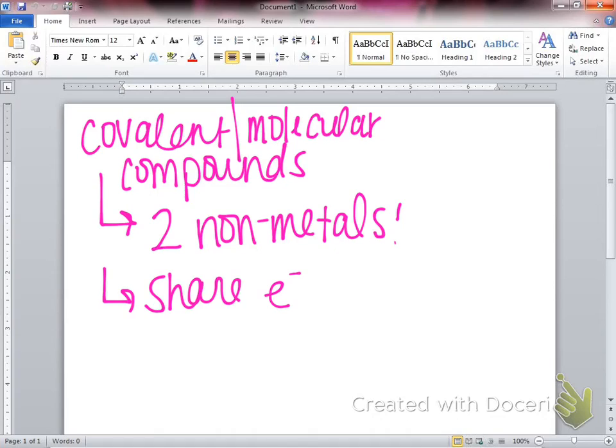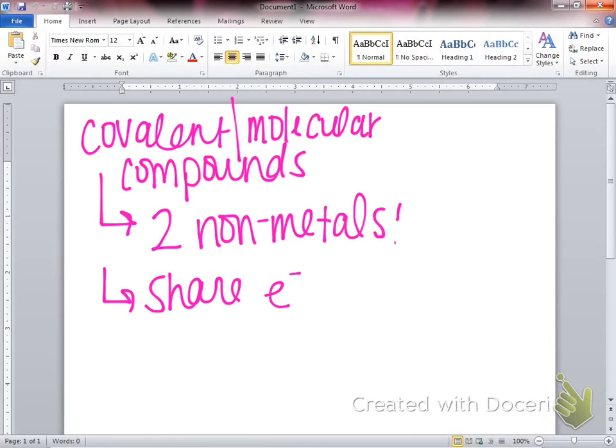Okay? So in order to start naming these covalent compounds, we use some Greek prefixes. So I need you to turn to page 228 in your book. Copy down these prefixes. Page 228.